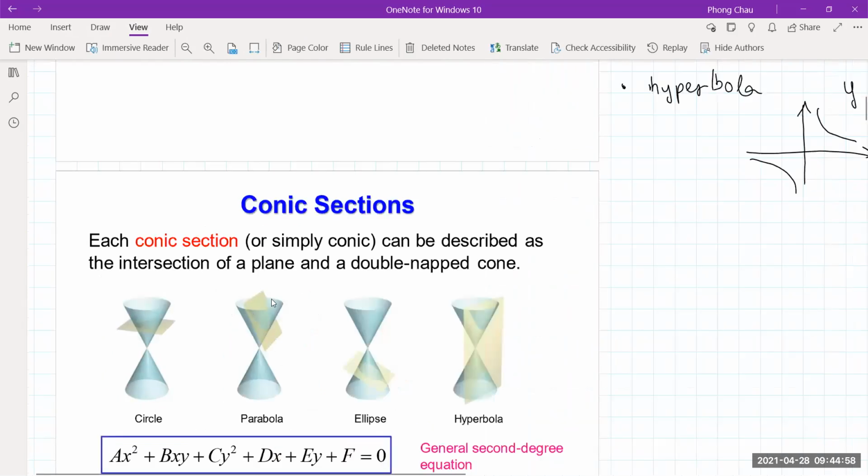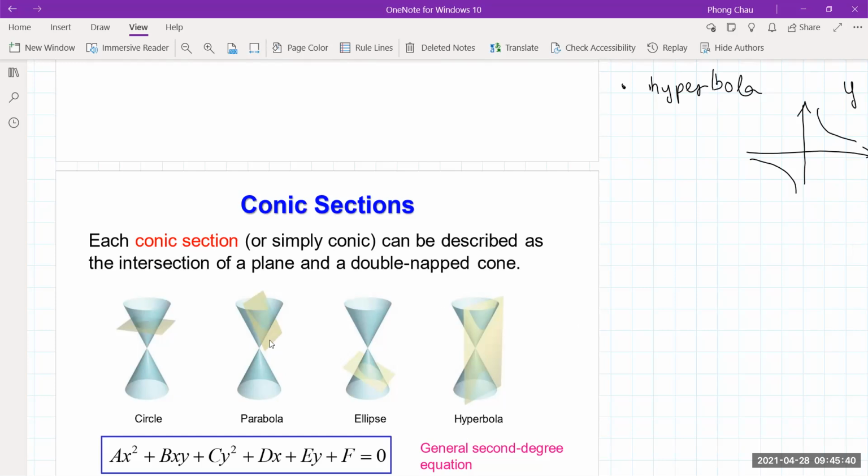And if we have an angle there, and it's not cutting at the openings of the cones, you form an ellipse. In the last case, you see there are two branches, the hyperbola. So these are the four cases. The name conic section is coined because it is the intersection of a cone and a plane, or conics for short.